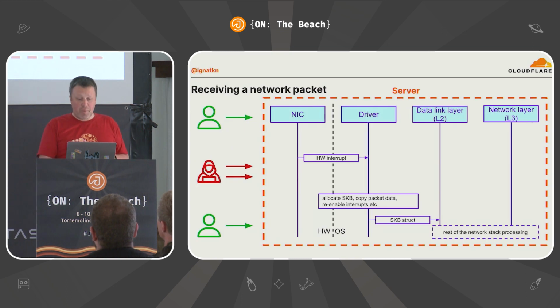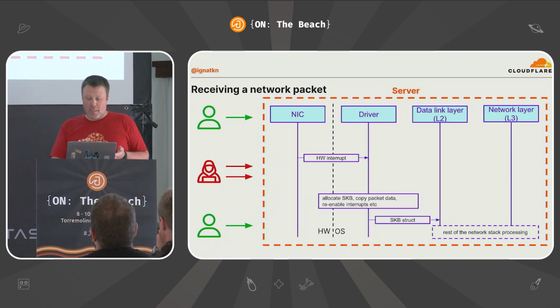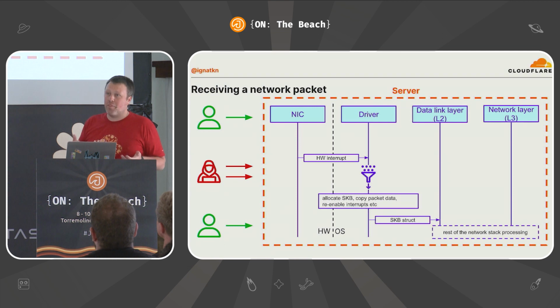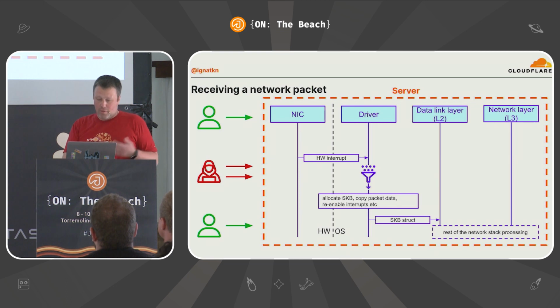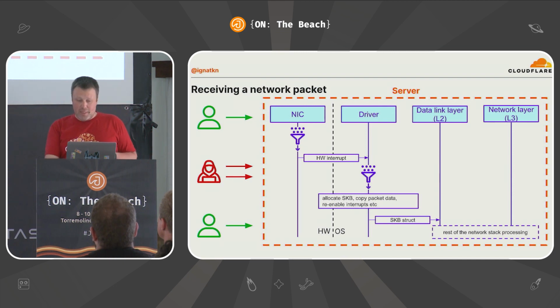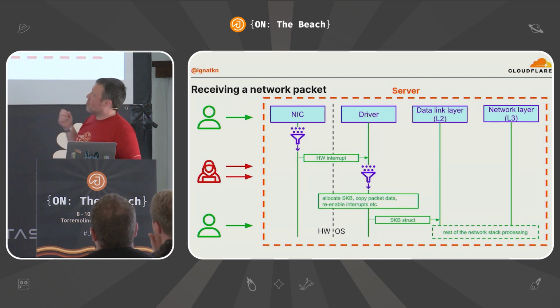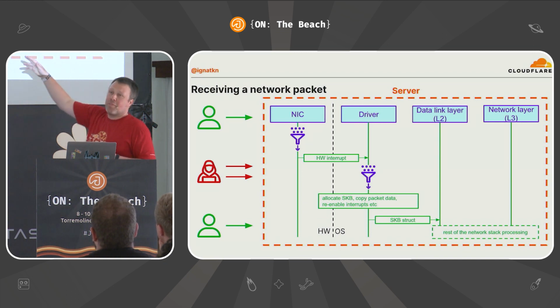So with XDP, if you don't have hardware support, your filtering will happen on the driver layer, and if you have hardware support, your filtering will happen on the NIC layer. In this case, we're dropping packets straight on the NIC, and the operating system may never see it. So even if there is a lot of incoming traffic, this BPF is very efficient.